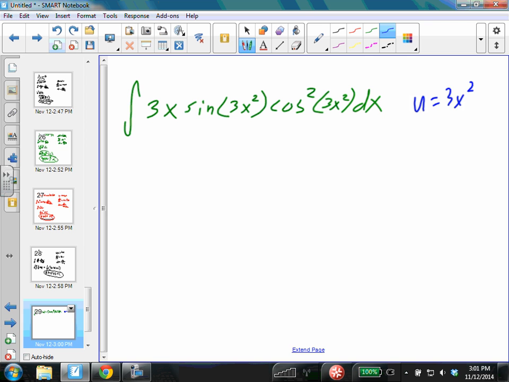All right, hang on. Let's work the problem. So du/dx is equal to 6x. So dx is equal to du over 6x.